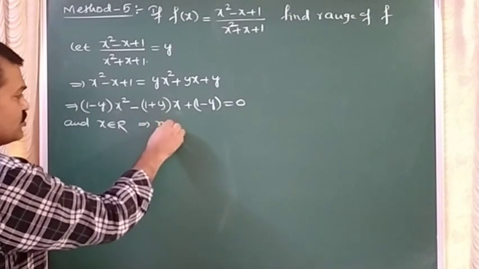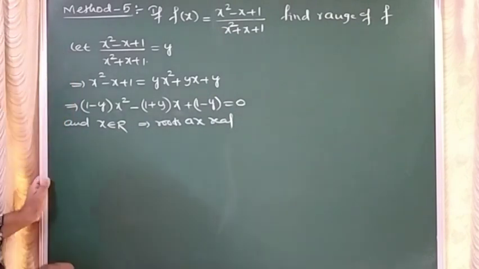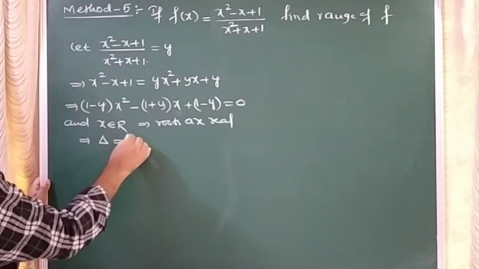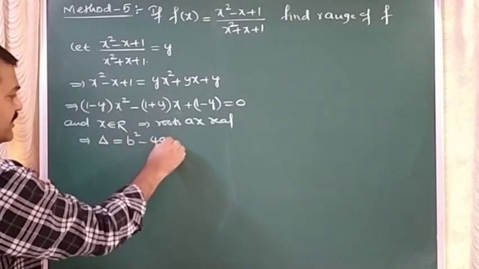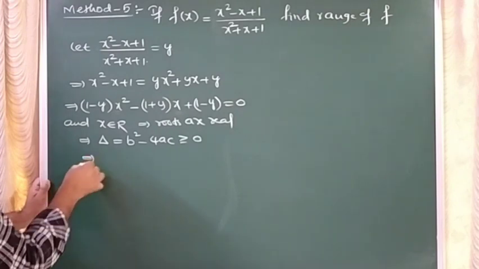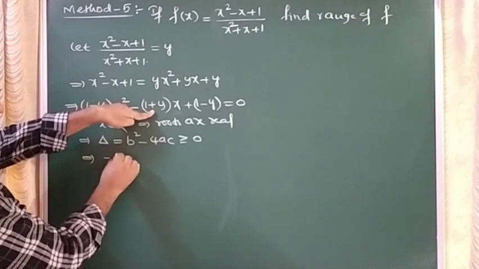X is a real number here. X is real number means roots are real. So roots are real means discriminant delta b square minus 4ac is greater than or equal to 0. So b means this coefficient of x.